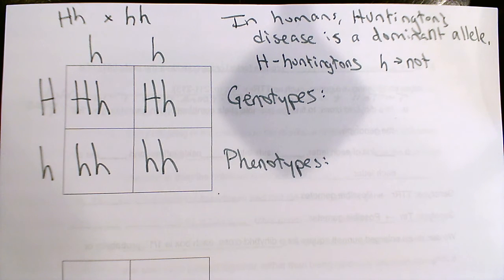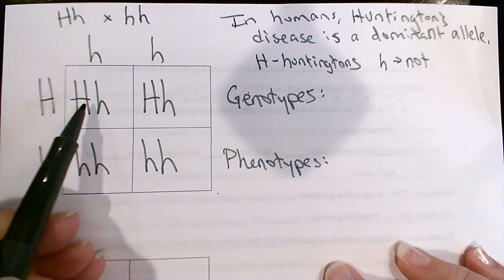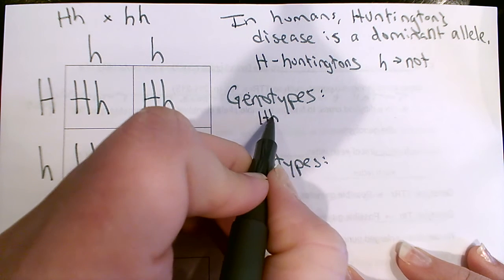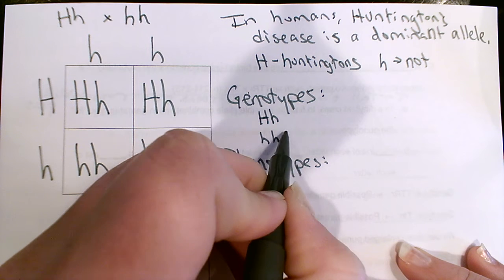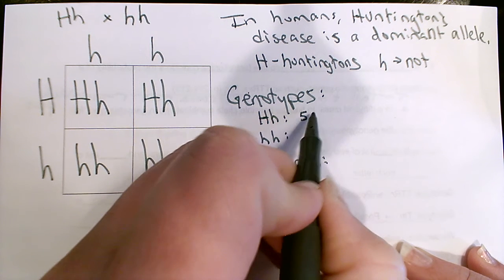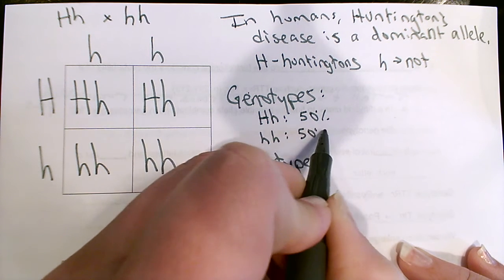All right, so genotypes, allele combinations, how many do we have? Okay, it looks like we just have 1, 2, right? They're either big H, little h genotype, or little h, little h, and there's 2 of each, so they would each be 50%.